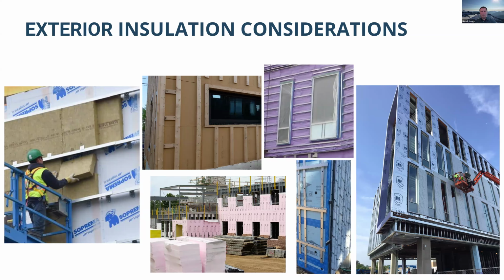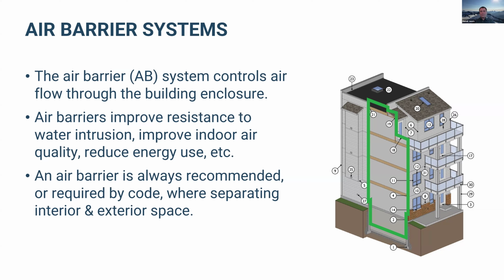That's a whole separate presentation, but they improve indoor air quality, reduce energy use, and give better acoustic performance, all sorts of benefits to having a good air barrier. No matter what climate zone, it's always a good idea, and it's essentially always required by code now, both in IECC and ASHRAE. I think in every climate zone except for 2B, you have to have an air barrier, and they will help your building perform better.